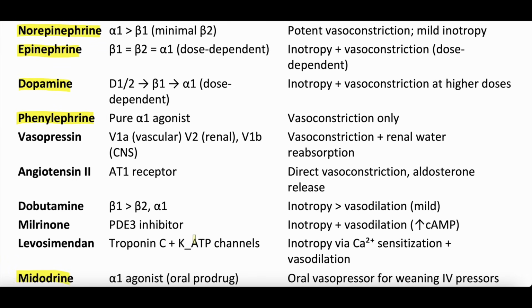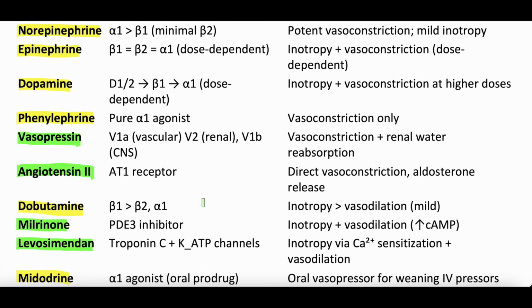Those are the vasopressors. And then the catecholaminergic inotrope is Dobutamine. These are all vasopressors and inotropes that work on catecholamine receptors, alpha 1, beta 1, beta 2. This is in comparison to the non-adrenergic or non-catecholaminergic vasopressors and inotropes: Vasopressin, Angiotensin II, Milrinone, and Levosimendan.